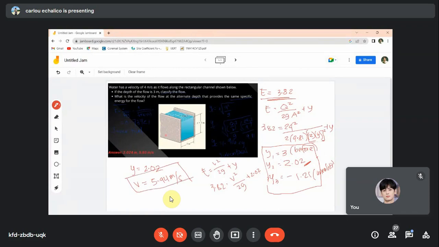You can also use the continuity equation, since Q is still the same. The velocity in the first is 4, and your area is 3 times 2, from the original. Now you can get the velocity, with the base still 2 and your height now 2.02. The velocity is the same, which is 5.94.